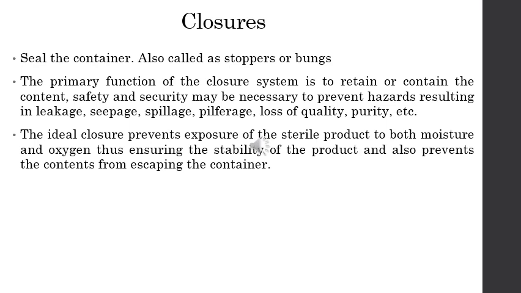This can be achieved by having a proper closure. An ideal closure prevents exposure of the sterile product to both moisture and oxygen, thus ensures stability of the product and also prevents the contents from escaping from the container.